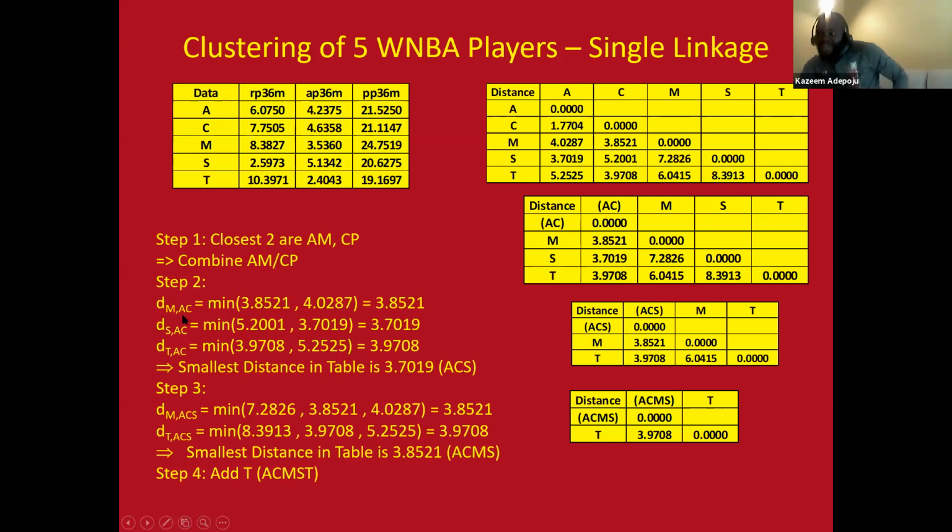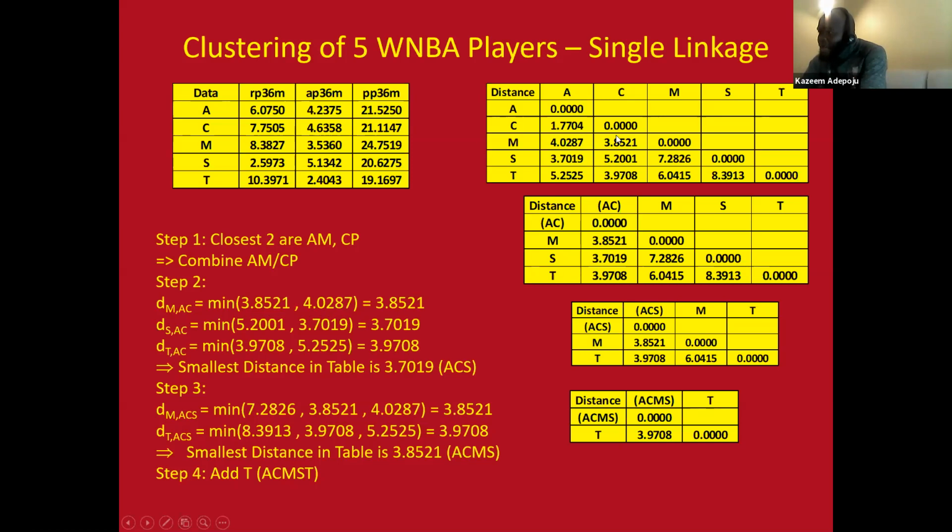If I want to look at the distance between M and AC, look at what I have right here, 3.8521 and 4.0278. If you come to this side, 3.8521 and 4. This is exactly what I'm talking about.